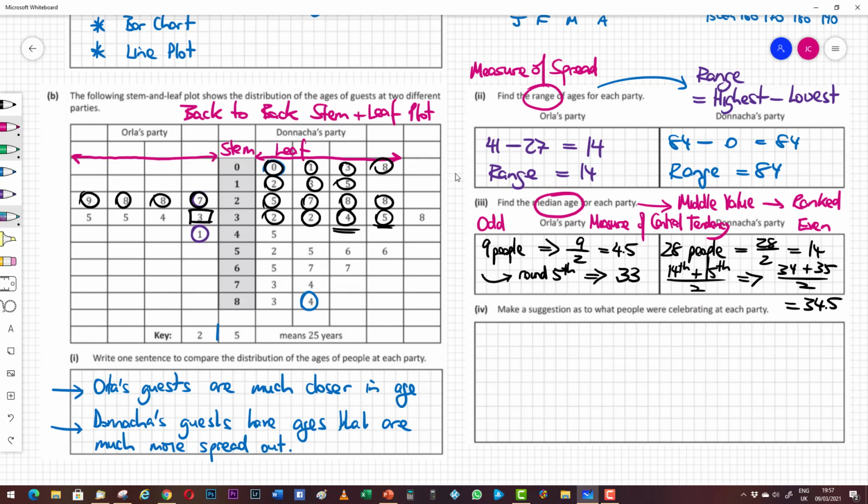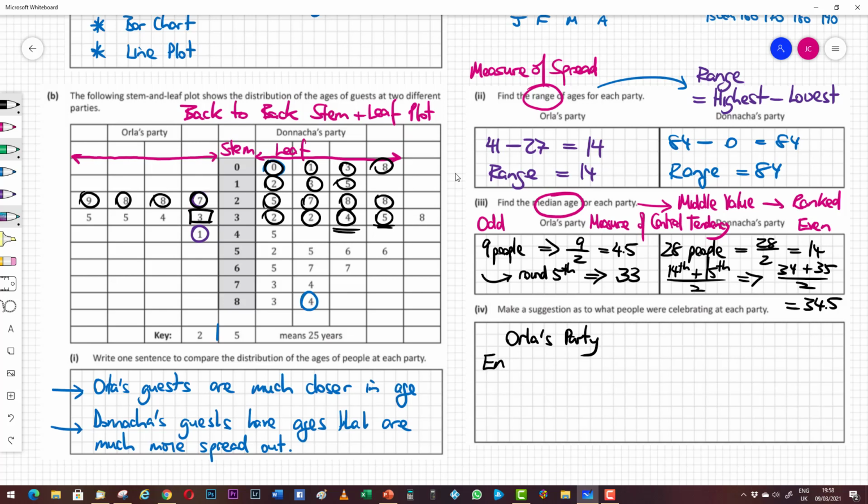Okay, so finally, we want to make a suggestion as to what people were celebrating at each party. And there's multiple answers to this. There's no real right or wrong answers. So if we go to Orla's party, first of all, we have a lot of people in their 30s. And so what would people be celebrating who are in their 30s? We have from 27 up to 41. So it could be somebody who is announcing that they're getting married.